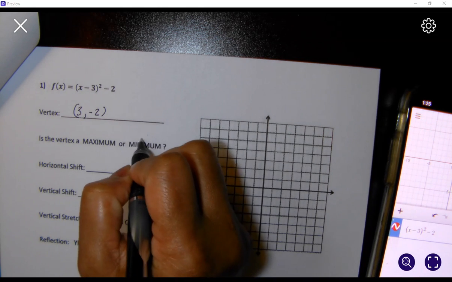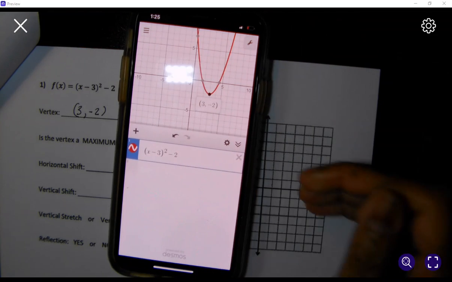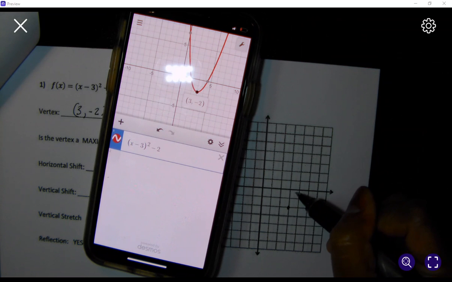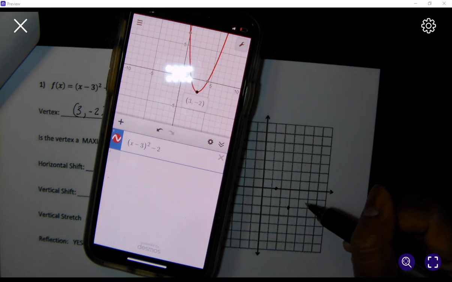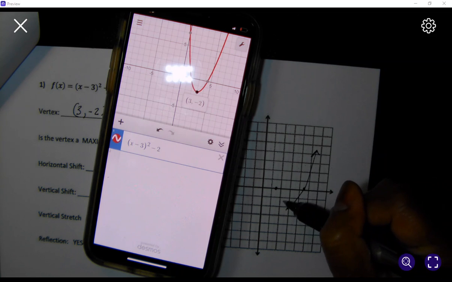And the vertex is a minimum point because it is the lowest point right here. So let me just write here 3, negative 2 is going through over here and then 1, 2, 3, somewhere over here, and it's going up. Okay.